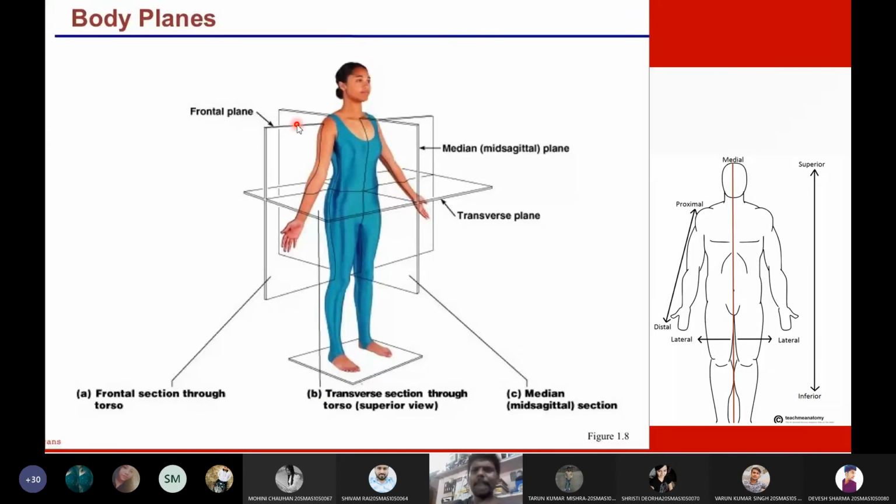Then if I'm cutting my body crossly like this, that cross cutting of the body organs is the oblique plane.